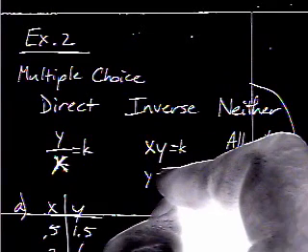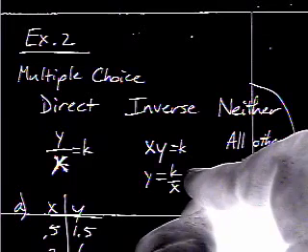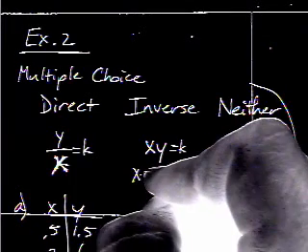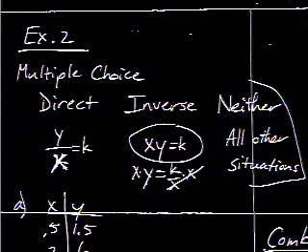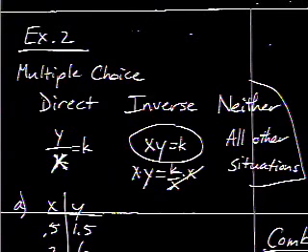Well, if you look at y equals k over x and do just a little bit of modification by multiplying by x on both sides, what you end up with is this: xy equals k. In other words, the product of the two numbers is the same number every time. Now, I know that gets confusing because we talk about direct variation being multiplication, and we talked about inverse variation being division. And so that idea gets very messy for a lot of kids. So you're going to have to work very hard to make sure you understand the difference between them.